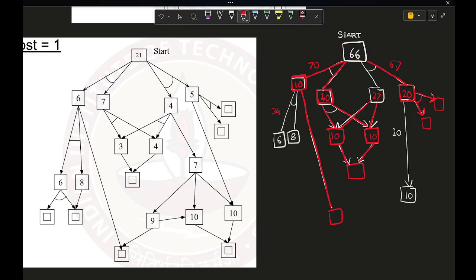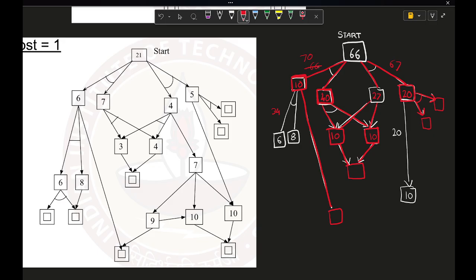That's what I think. Actually, this 66 is an OR node. Okay. Earlier the cost was 66 here. Okay. Now you can make it 70. It's already 10 and 40, updating it to solved. 70, yes.